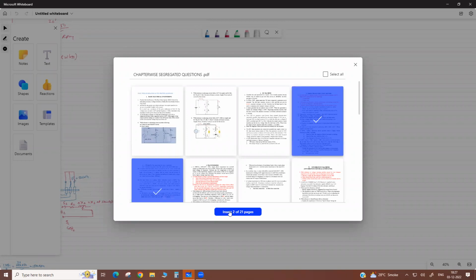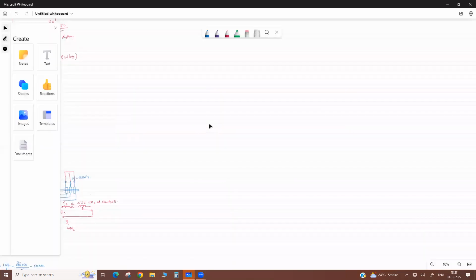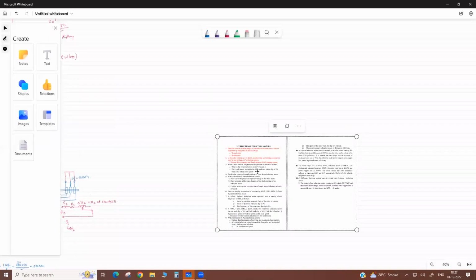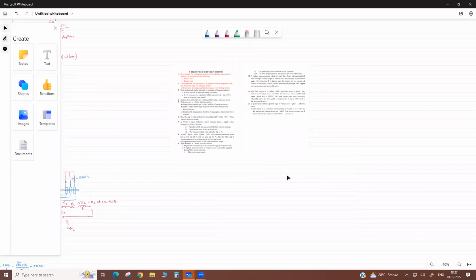Three-phase induction motor question was in ETO exam, which was asked earlier. Not now.